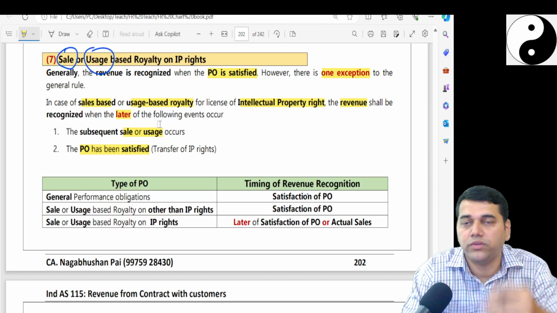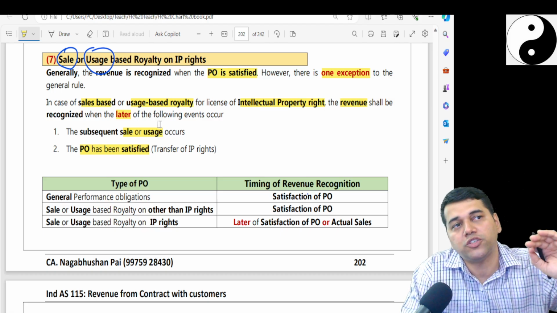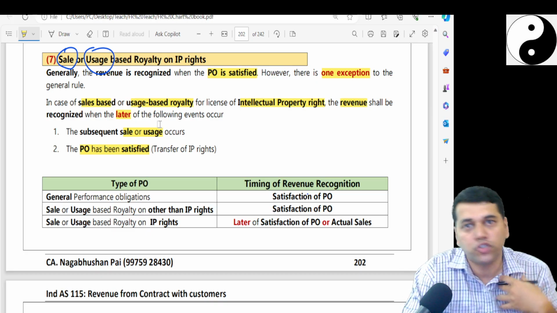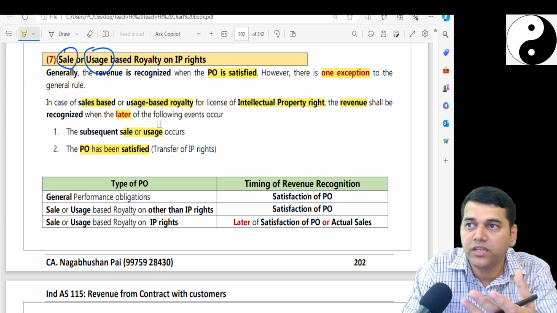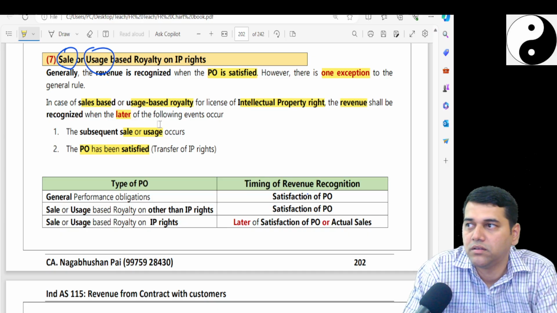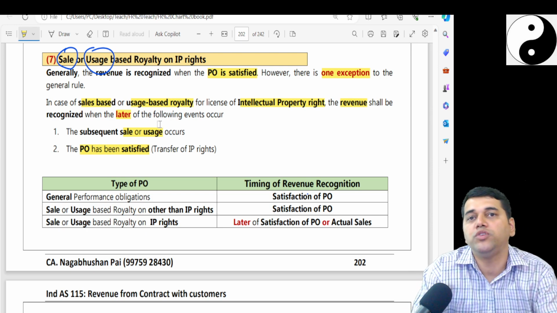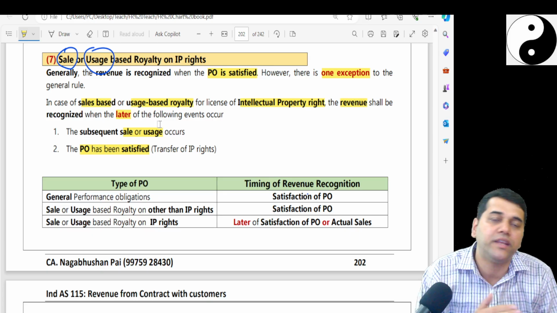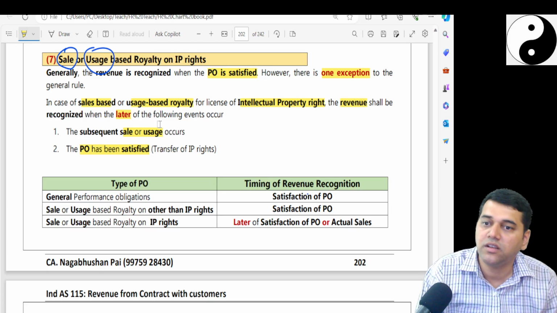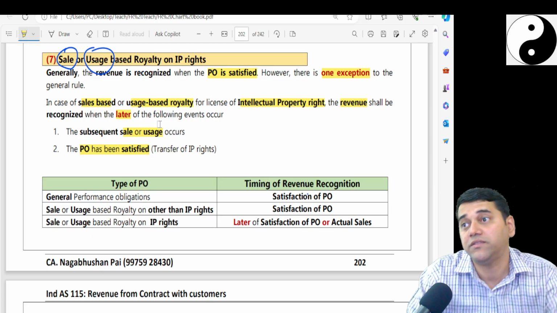Your agreement is to give the rights to me. I might have paid or not, but you need to recognize the revenue only when the sale happens or you transfer, whichever is later.